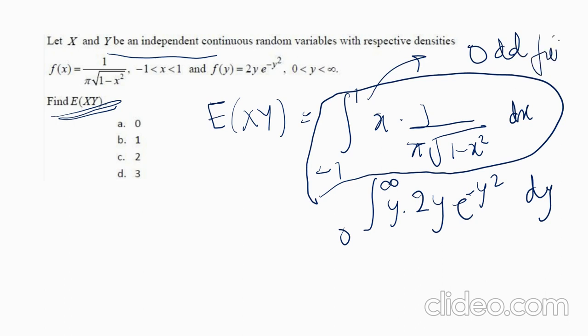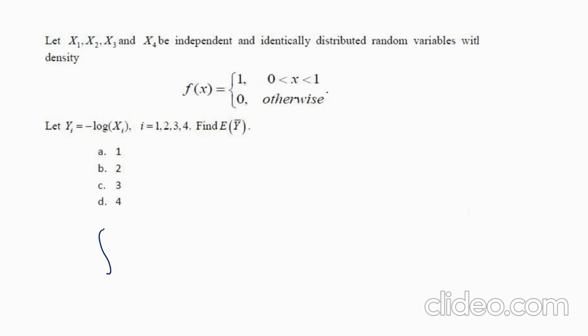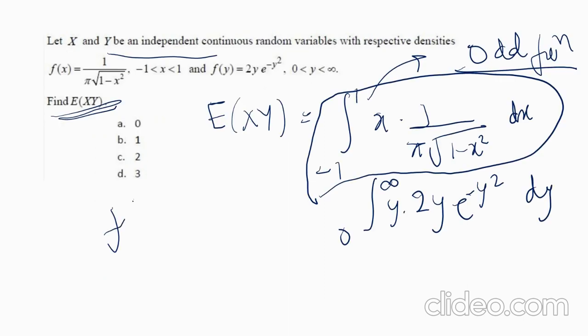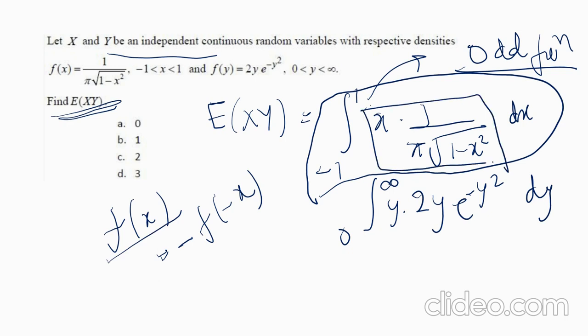So what is an odd function? An odd function is f of x is equal to minus of f of minus x. So if you put minus here, it will be minus x and this will be positive. Take this one as f.